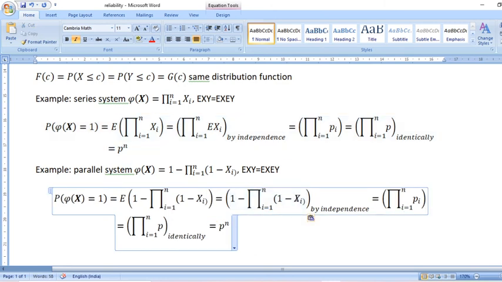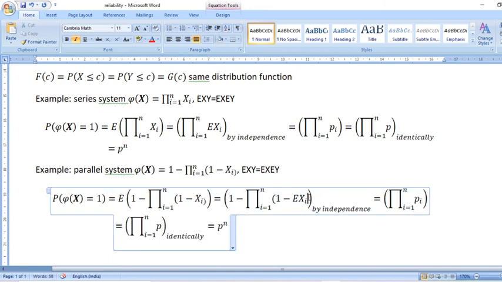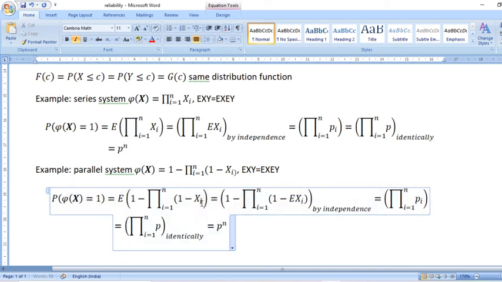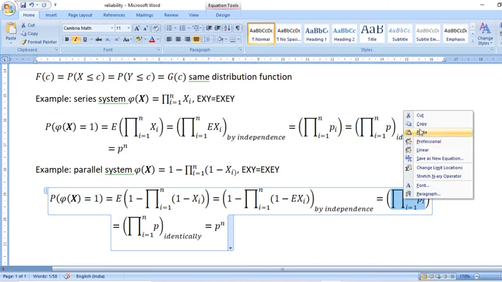So what will that be? E bracket is 1 minus the product. So by independence we can replace this.